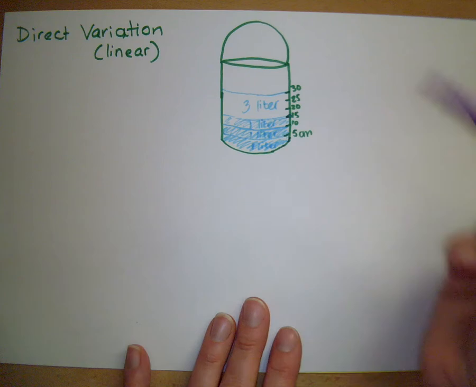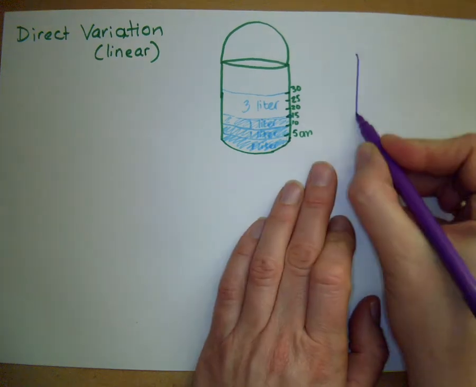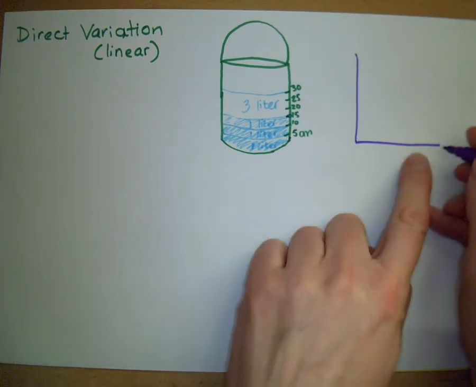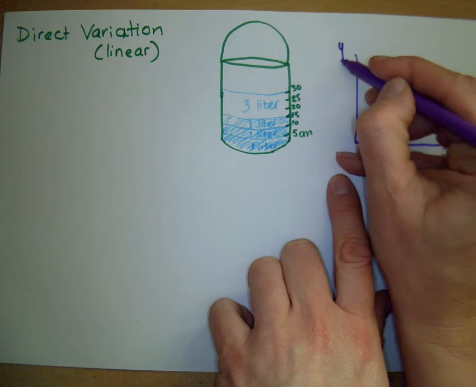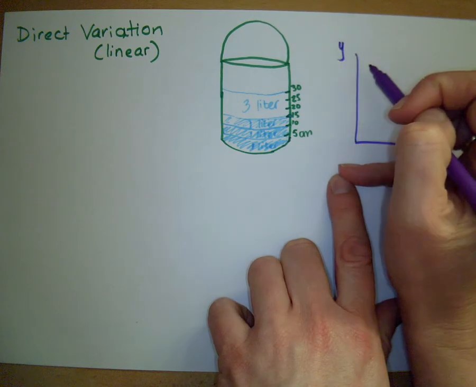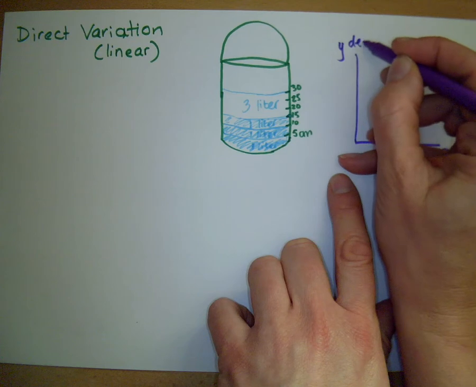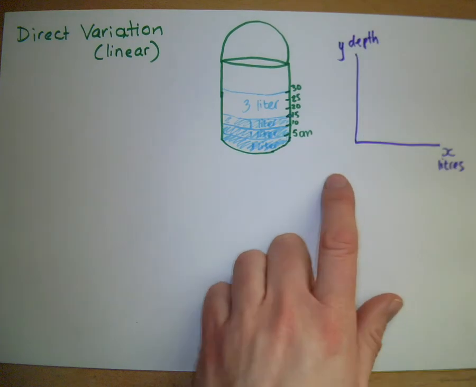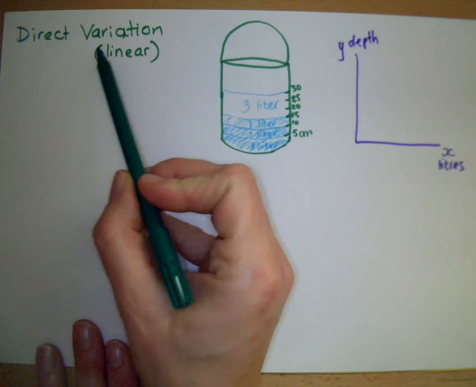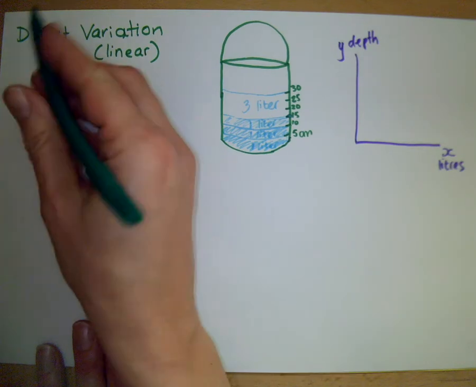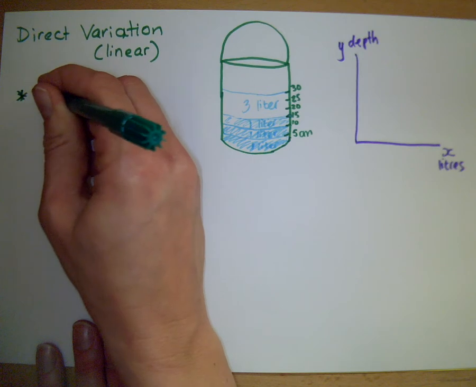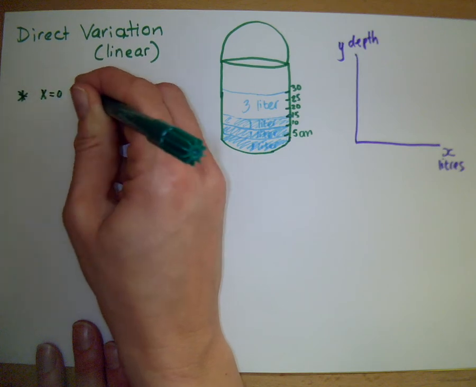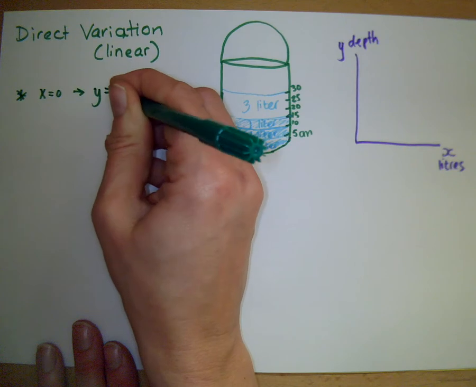Let's try to roughly graph this relationship. Say our x-axis shows the liters that we pour in, and the y-axis shows us the depth of the water. So for a direct variation, one thing that is true is when x equals 0, then y also equals 0.